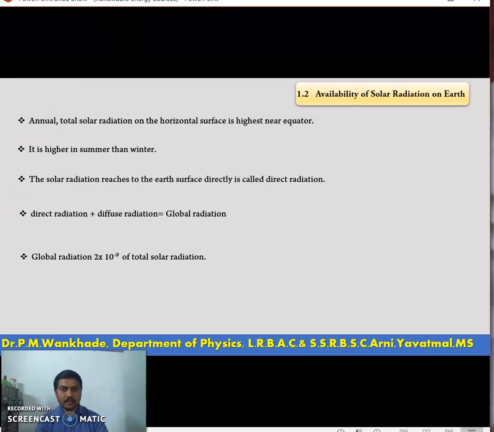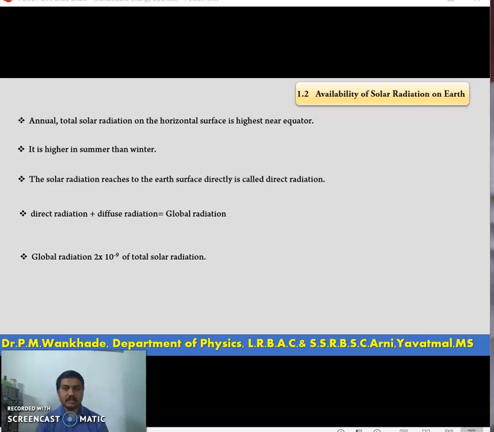The annual total solar radiation on a horizontal surface is highest near the equator. It is higher in sunny desert areas. In winter season, the amount of solar radiation is lower than in summer season.